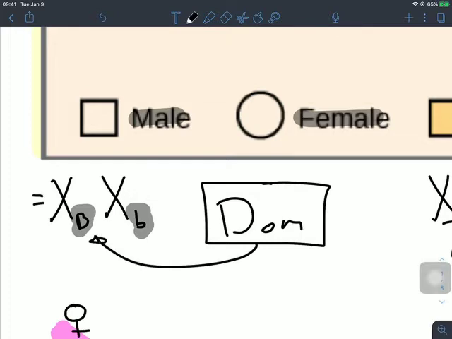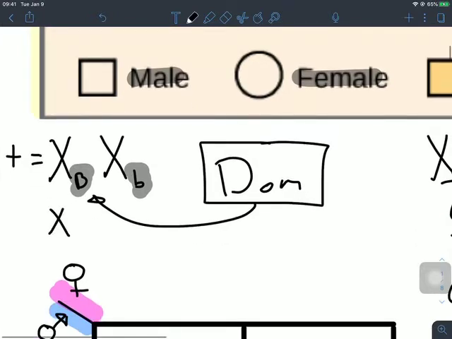This individual has it, and I'll indicate has with a plus, and then an individual that does not have it with a crossed out circle. So here you've got, in a female carrying one allele, having the disease versus not having the disease.